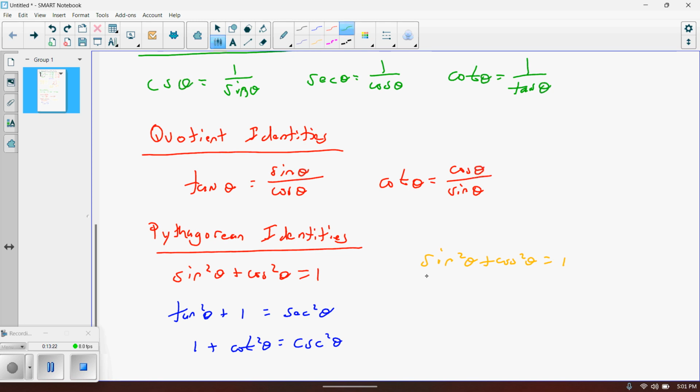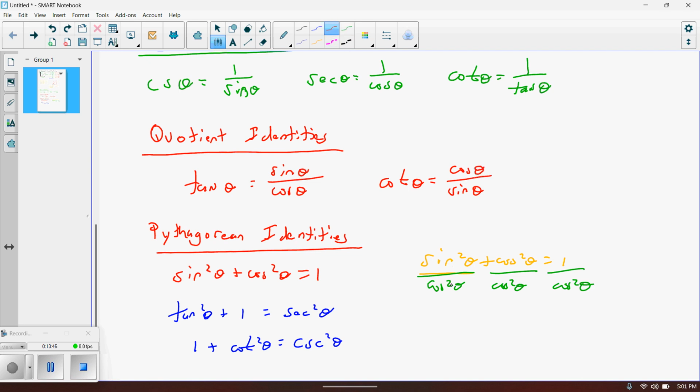So I'm going to divide every term that's supposed to be in green by cosine squared theta. Okay, haven't done anything wrong, maintaining the balance. Now you can use the quotient identities and the reciprocal identities to simplify.